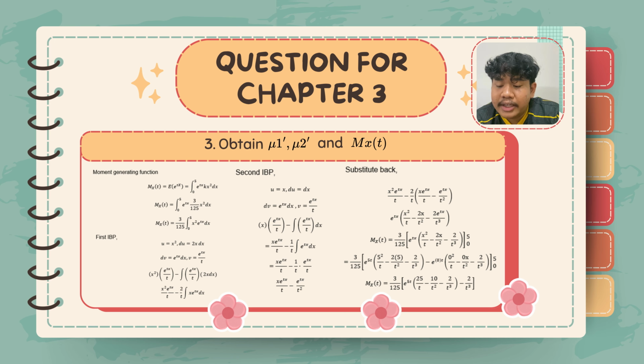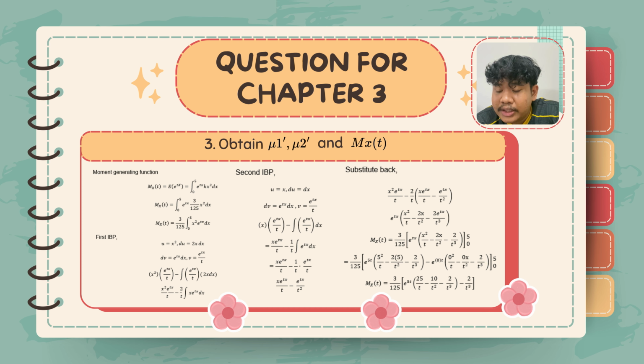It will get e to the power of 5t times 5 squared over t minus 2 times 5 over t squared minus 2 over t cubed. Minus, substitute the 0 into the expression, we will get e to the power of 0t times 0 squared over t minus 0 x over t squared minus 2 over t cubed.